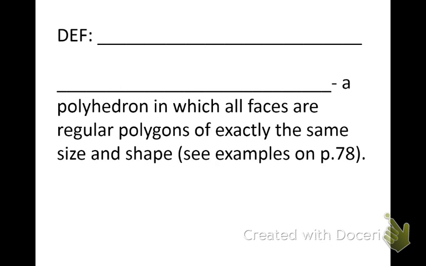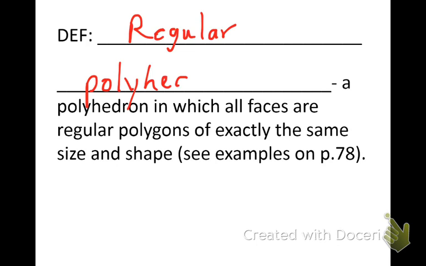Okay, regular polyhedron. A regular polyhedron is a polyhedron in which all faces are regular polygons of exactly the same size and shape.